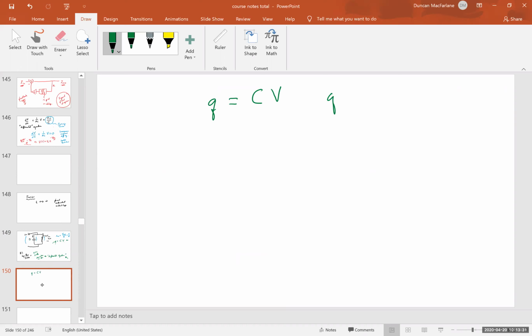A charge Q implies a voltage. Now, what that voltage is, what the specifics of the voltage are, are mediated by the geometry and the material.